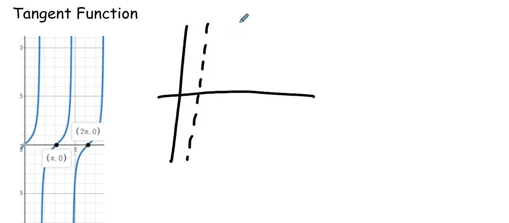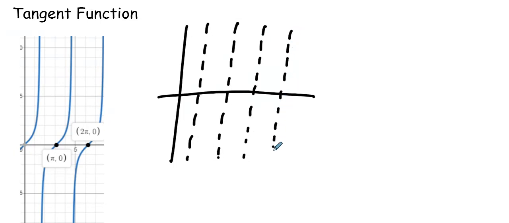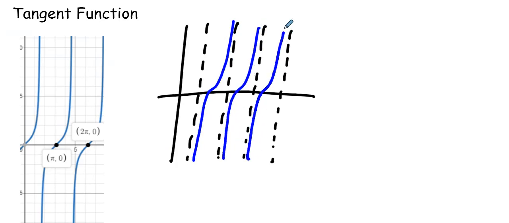It's actually a series of curves with many vertical asymptotes. Okay, Desmos doesn't graph like that. So I just want to show you so you can recognize it. This is one example of a tangent function. Okay, just wanted you to be able to recognize that. So that's a tangent function.